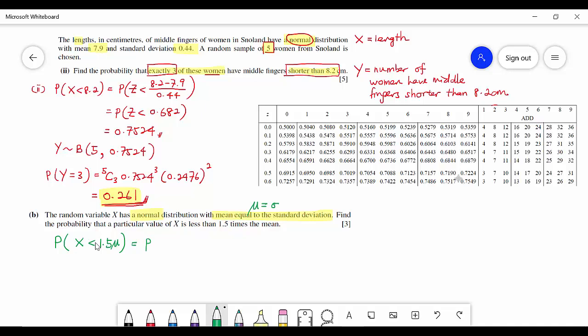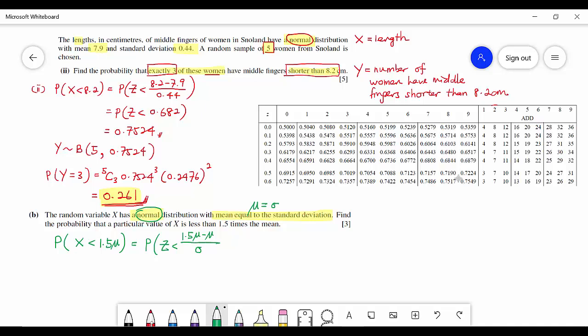So how to calculate this probability? Because it is normally distributed, you need to change it to z. 1.5 mu, I will change to 1.5 sigma. Or if you don't want, you can just keep it as mu, also no problem. Up to you. So you can keep it as 1.5 mu minus the mean, standardized, so minus the mean divided by standard deviation.